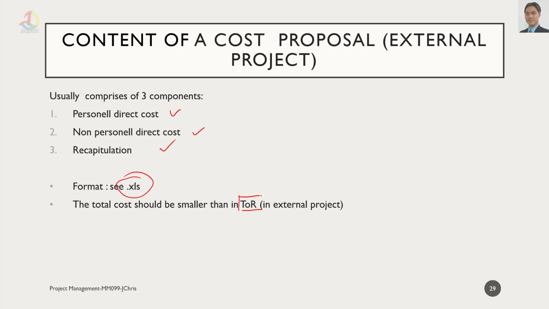It's usually like that, because if an organization such as government said, hey, I want a project to be done, this is the scope, and I want you to do it in 999 billion maybe, okay, and then if we put the total cost of our proposals to be, let's say, 1,000, you can make sure that you're not going to get the project. So we need to put the number lower.